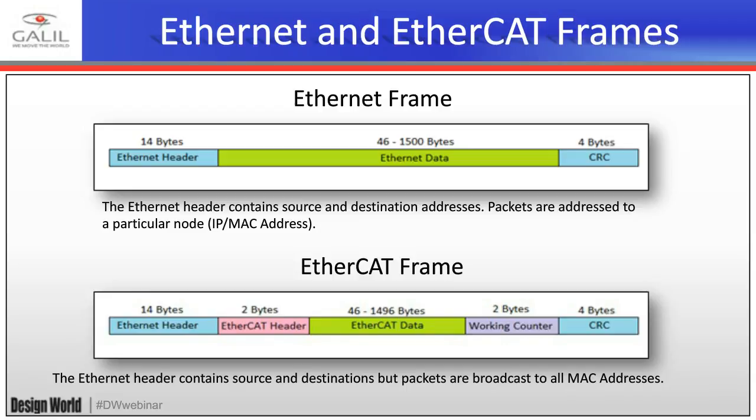The EtherCAT frame is sent to every address out there. It's a 6-byte address. That's quite a few nodes to send to. Then there's an EtherCAT header, essentially telling any hardware out there that this is an EtherCAT frame. If you're not an EtherCAT node, don't pay attention to it. And if you are, here's how you interpret it. EtherCAT data is then contained in the frame, followed by working counter and a CRC.